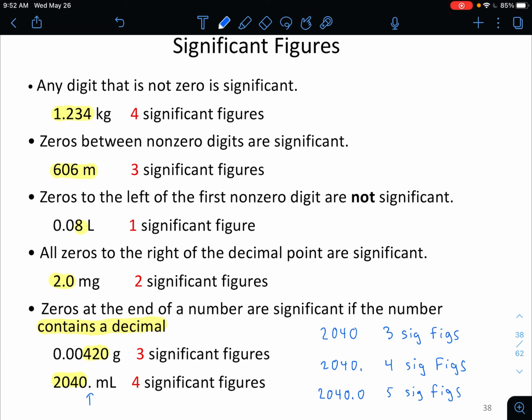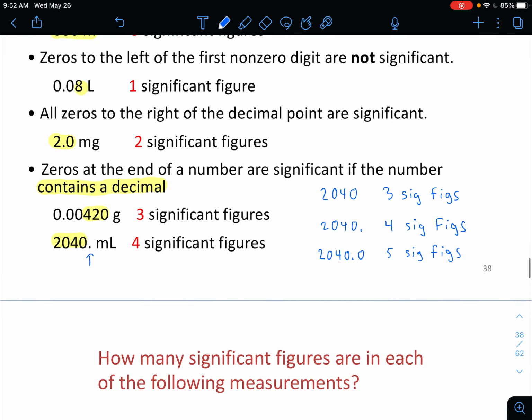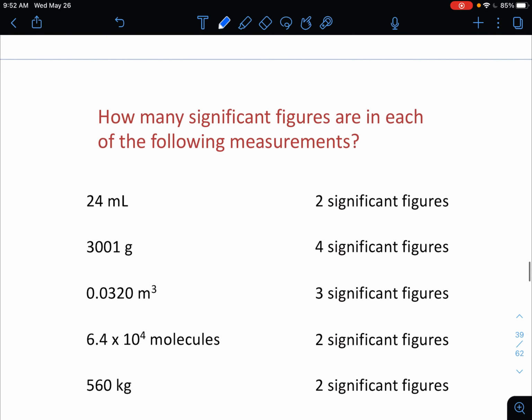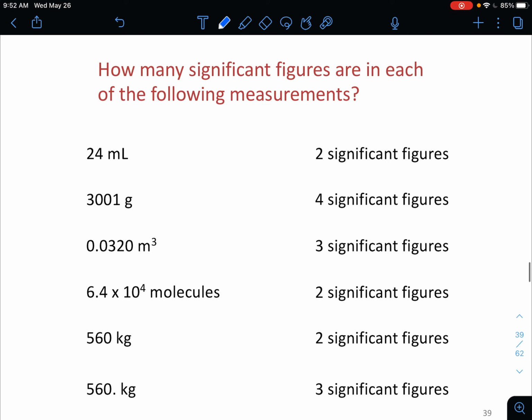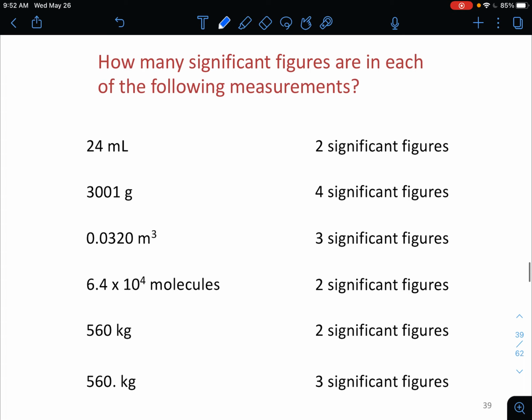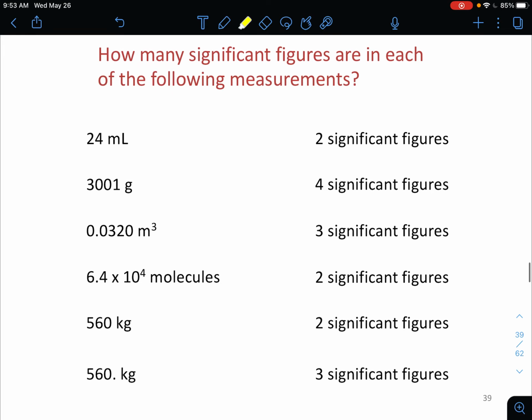Okay, so let's move on from there. And then here are just some more examples to look at. Okay, so now if you're in the slides, I think these pop up, but we just kind of have it all in one place here. So I'll kind of highlight where the significant figures are in each case.